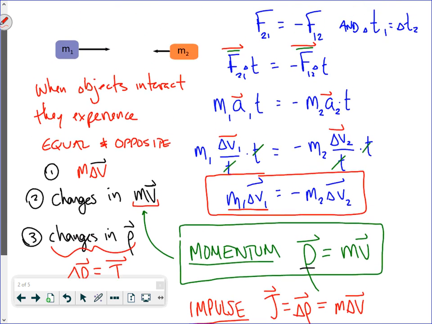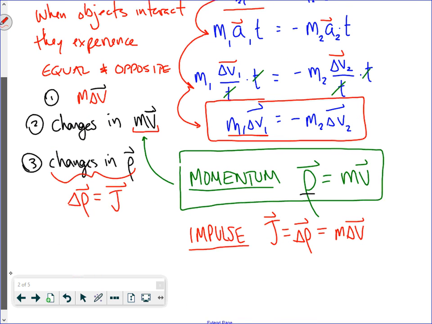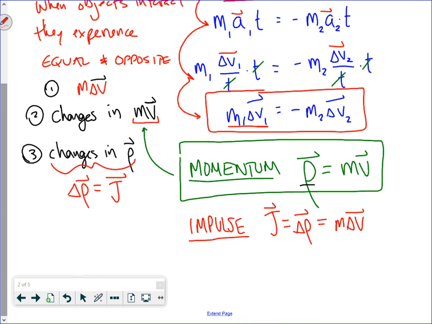They came from here. So we said, okay, F delta t I can turn into m a delta t, I can turn into m delta v over t, times t, equals m delta v. So m delta v is also F delta t. All of these things are ways of expressing, calculating impulse, a change in momentum.